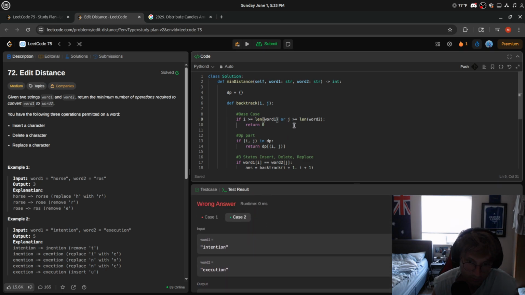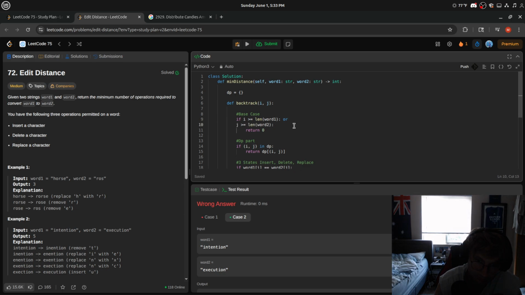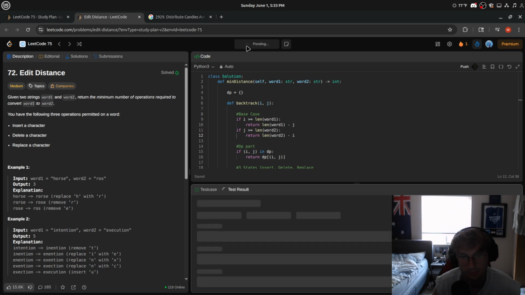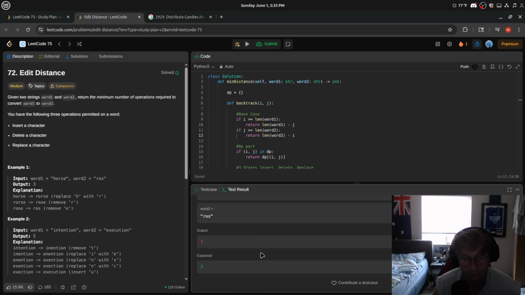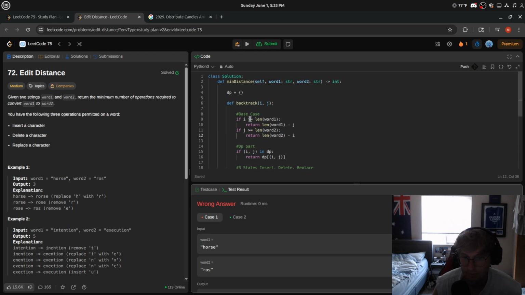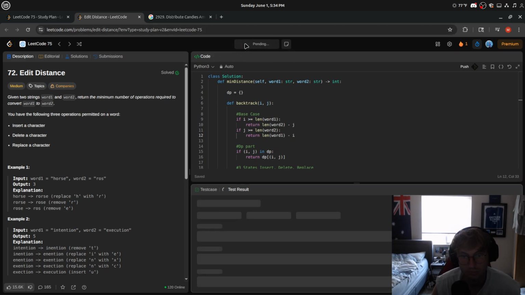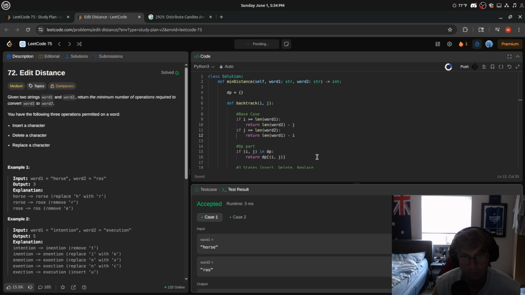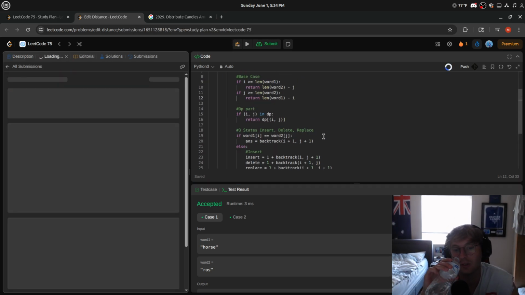I think it's the length of word. We were really close, thinking about it the way we should have, with states, which is good.